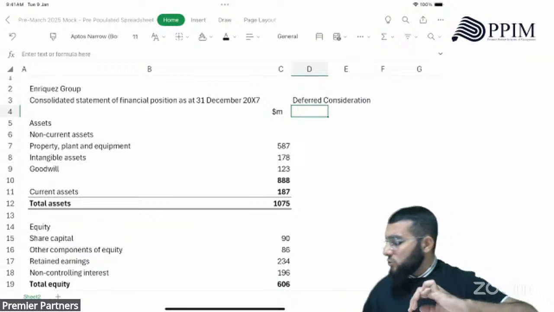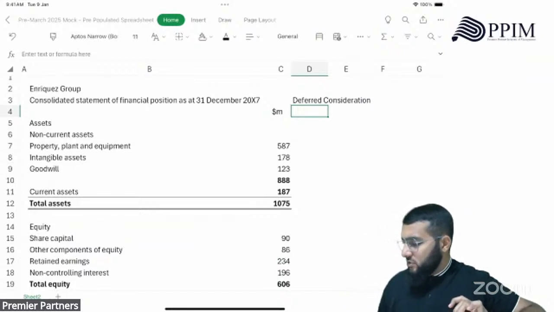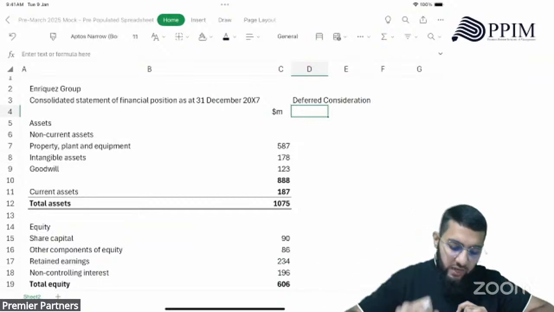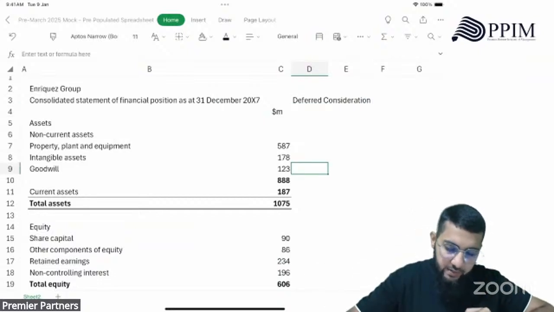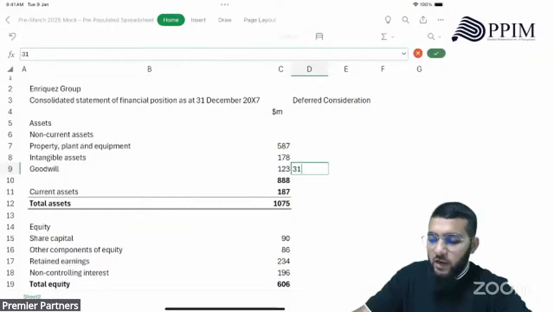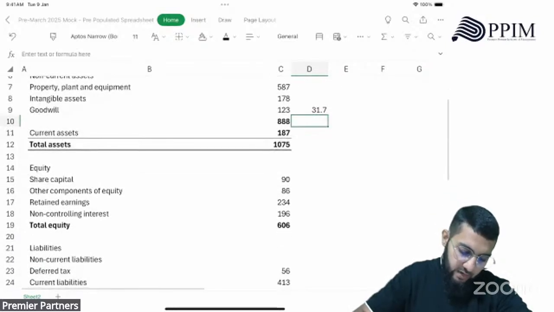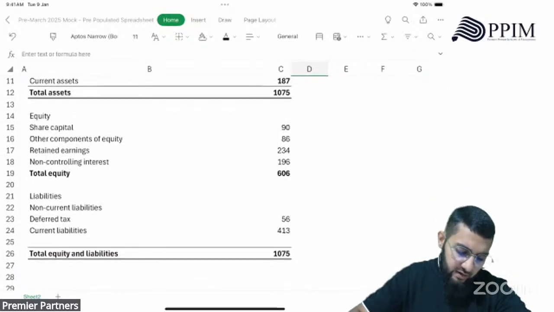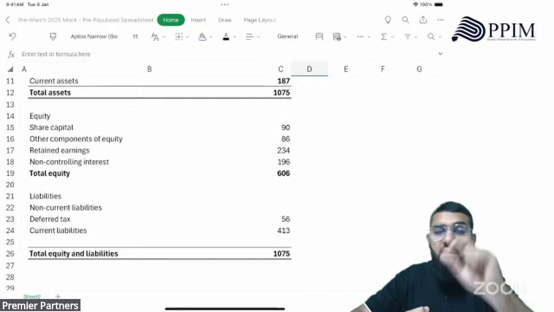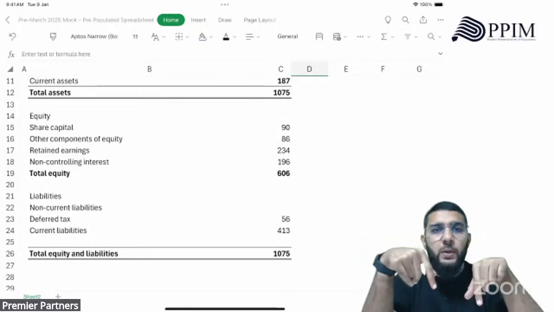Right? So what is going to be the deferred consideration double entry? Your goodwill is going to be debited, meaning you increase your goodwill by 31.7 million. We got this amount from our calculation. And deferred consideration is current.